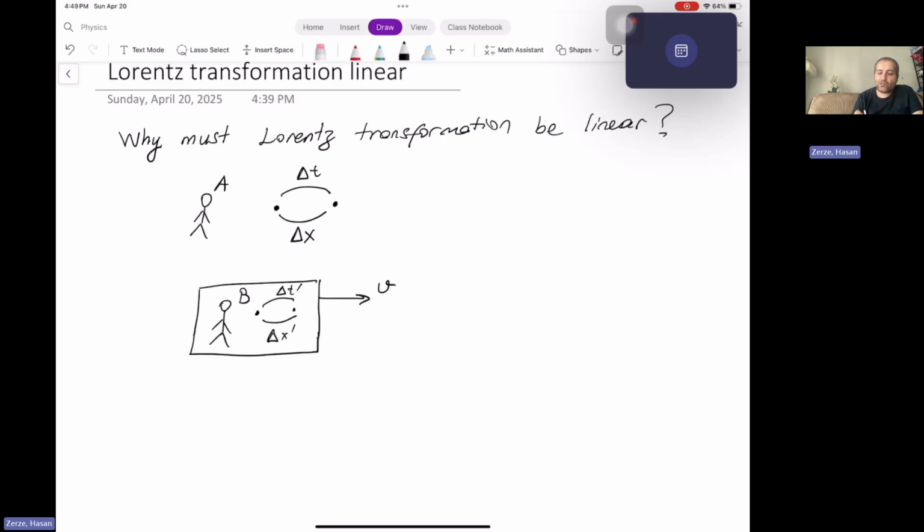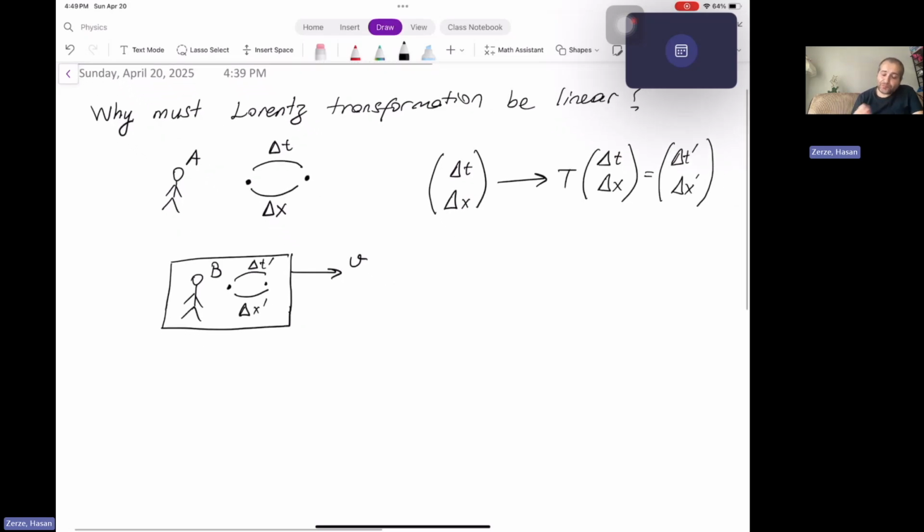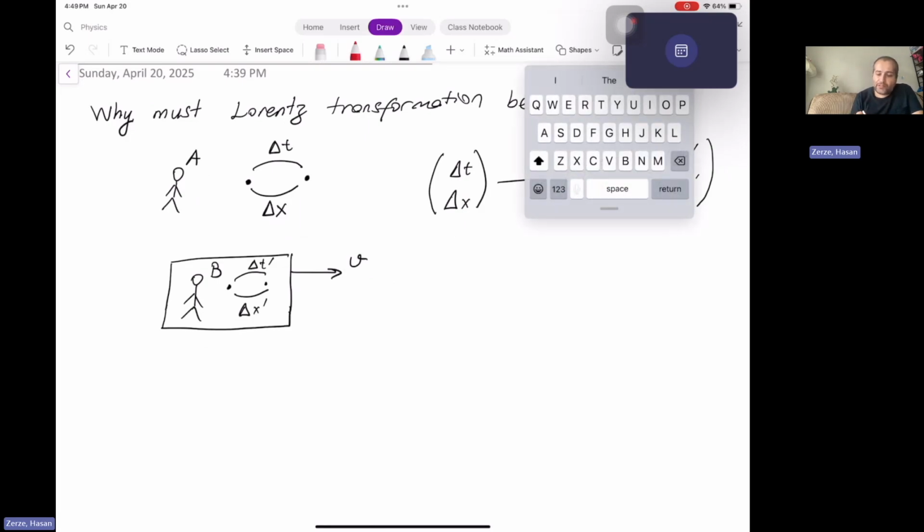And we said that the transformation that takes from delta t, delta x to delta t prime, delta x prime must be a linear transformation. Now, imagine that we have one vector like this.